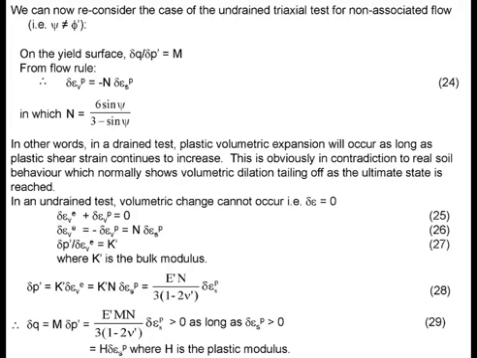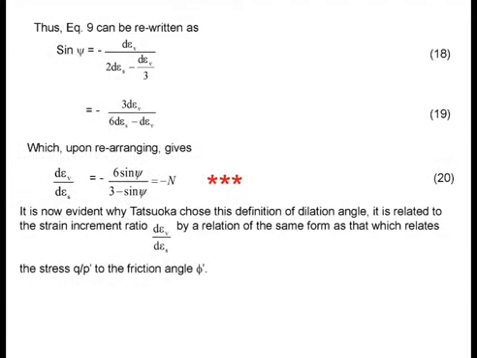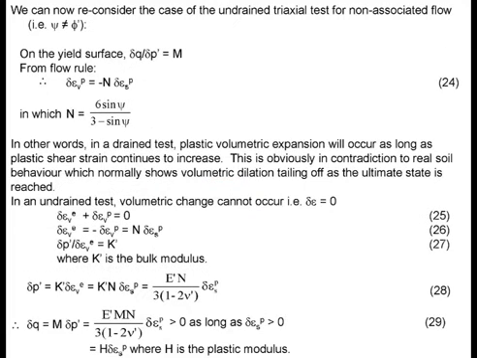Basically, you still have this relationship: delta epsilon Vp, the incremental plastic volumetric strain, is equal to minus, instead of m now, n, times the plastic shear strain increment, where n is equal to this. So we apply that and go through the same procedure again.